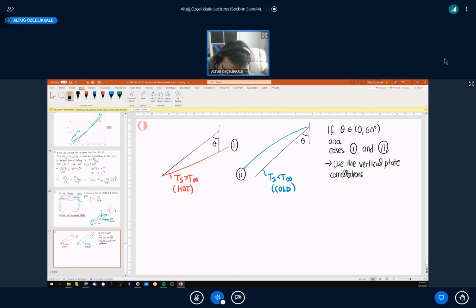However, if I'm using the correlations, instead of g, we are going to use g cosine theta. Anything beyond, except for the horizontal plate, is something more of an advanced topic. Things are getting more complicated.